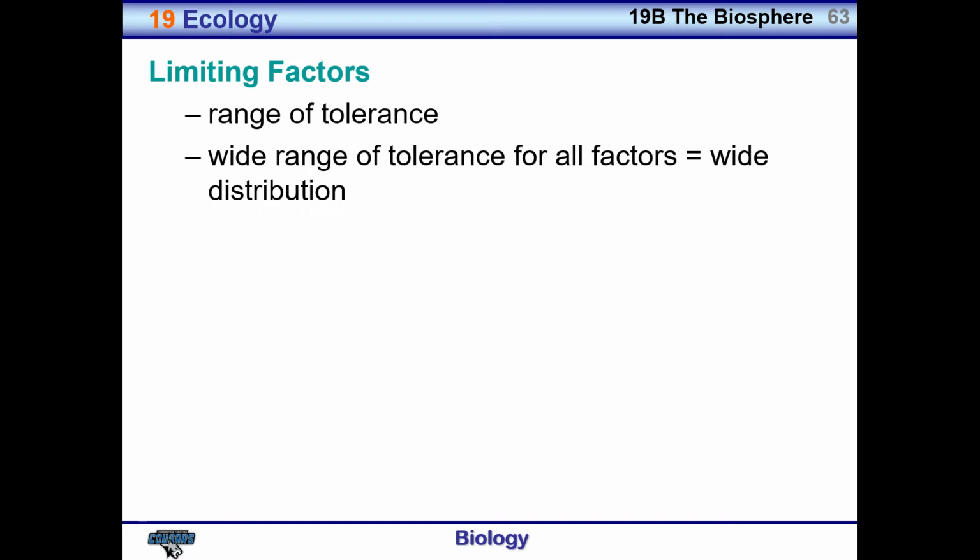A wide range of tolerance for all factors will cause an organism to have a very wide distribution. We have some animals that we've talked about earlier in this chapter that we can find almost all over the U.S. or maybe even all over the world, because they have a very wide range of tolerance for all factors, and so they're very good at surviving.